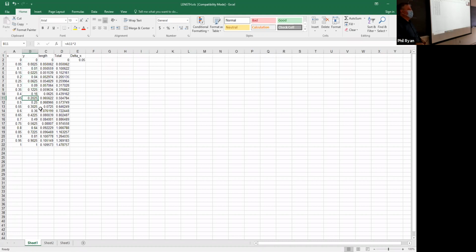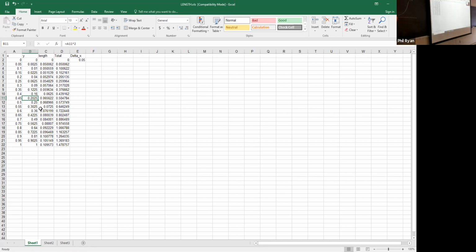And so what we're going to do is use what we've seen, their inspiration, to come up with an approximation for the length of this parabola, because there's no formula for that. So we're going to take a grid of points along this. We're going to take 20 in all.